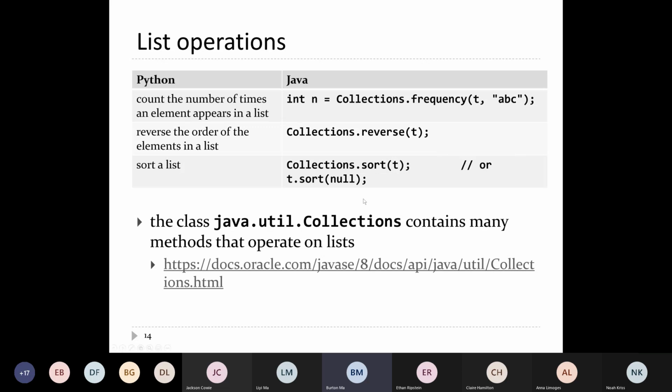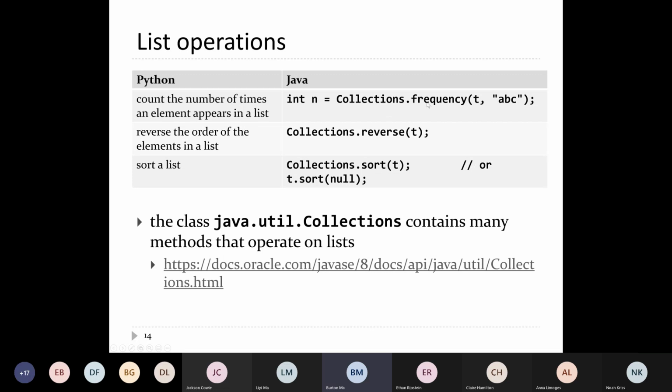Instead, there are a bunch of methods in a class called Collections, with a big C, in the package java.util. This class contains a whole bunch of methods that operate on lists and another type of collection in Java called set. I'll click on that in a second.